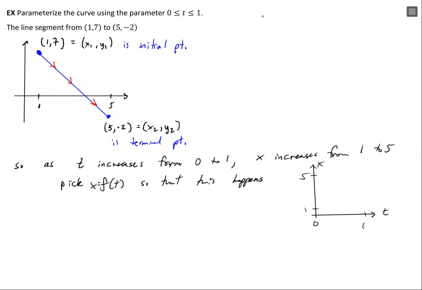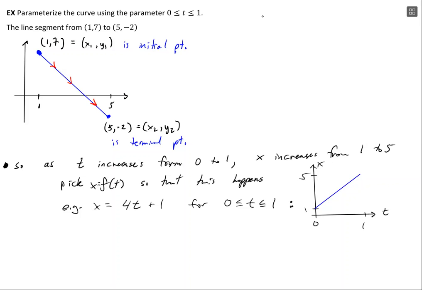My line segment is this one right here, and we can make that happen with x equal to 4t plus 1: my slope there will be 4, and my y-intercept is 1. That's what I've drawn in the picture right there.